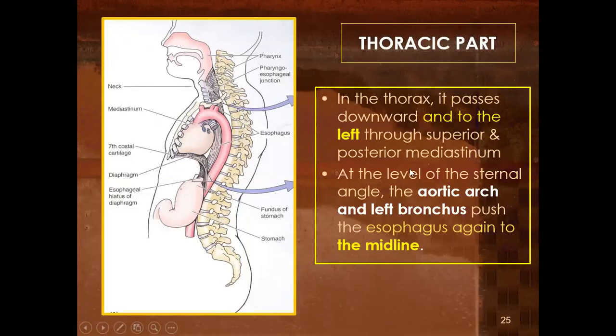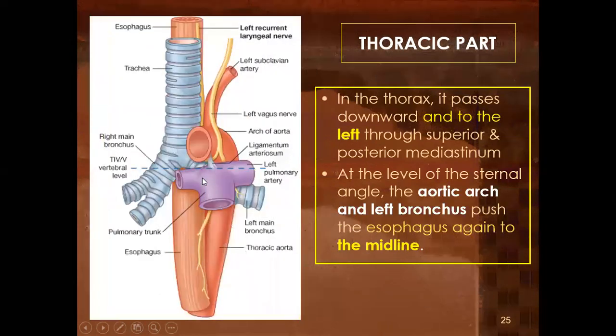At the level of the sternal angle, the aortic arch and the left bronchus push the esophagus again to the midline. Initially it will be going towards the left side, but because of the arch of the aorta and the trachea, again it is pushed towards the midline.